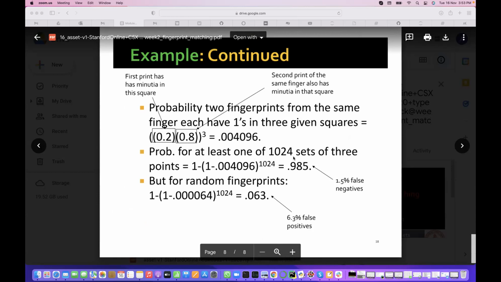Probability for at least one of 1024 sets of 3 points. Because you are not verifying only on 3 grids, you are taking 1024 sets of 3 points. So 1 minus 0.004096 to the power 1024, because on all of them it is not agreeing. Any of the 3 you take out of 1024 combinations, the probability is 0.985.